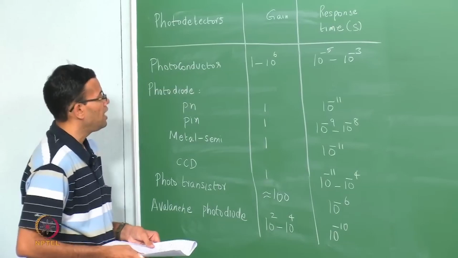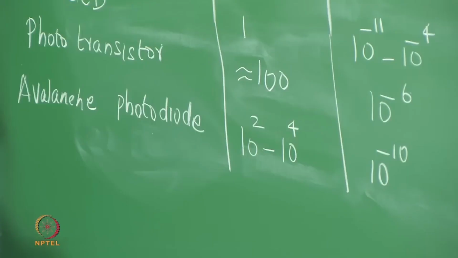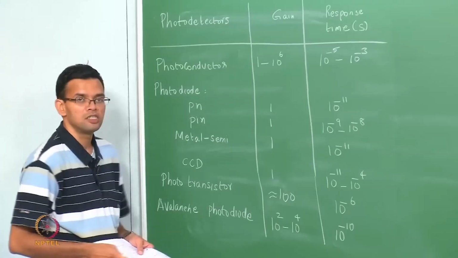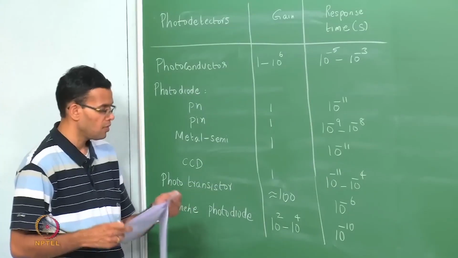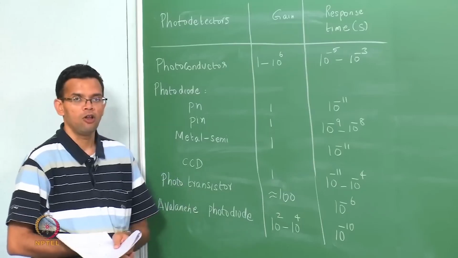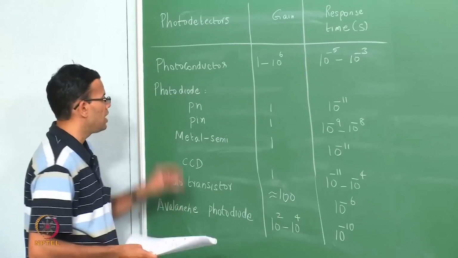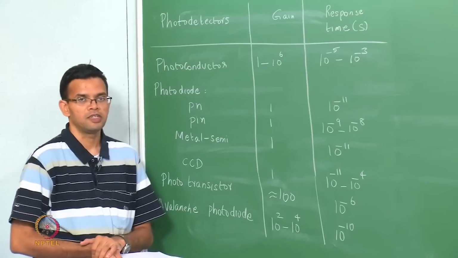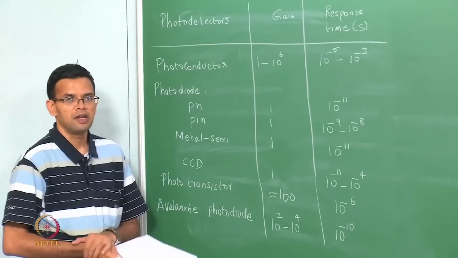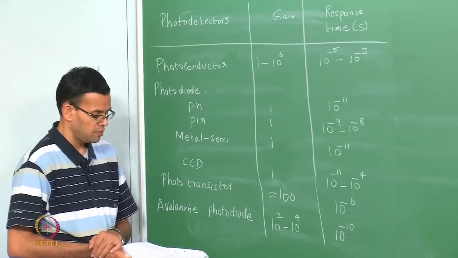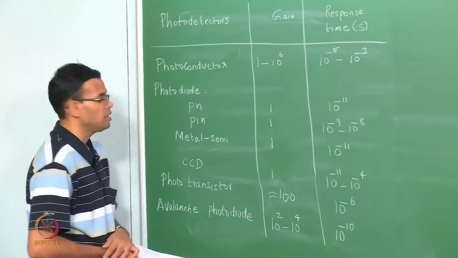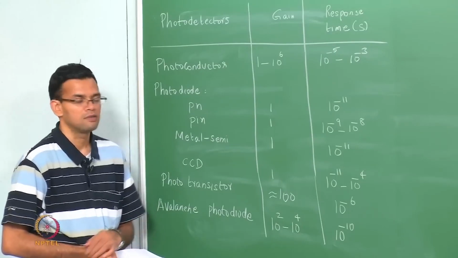So, we have a wide variety of photodetectors. These depend upon the type of materials you use and also on the junctions that are formed. We will not look at all of these, but we look at some examples in order to better understand the mechanism. The first thing we look at is a photoconductor.